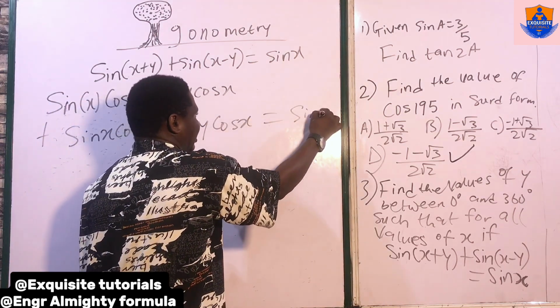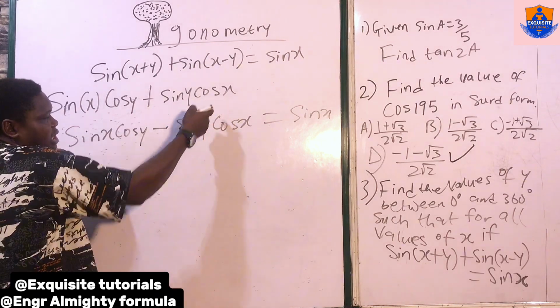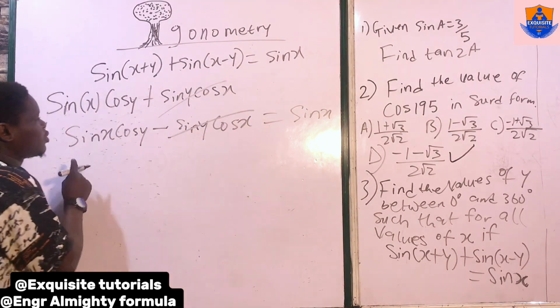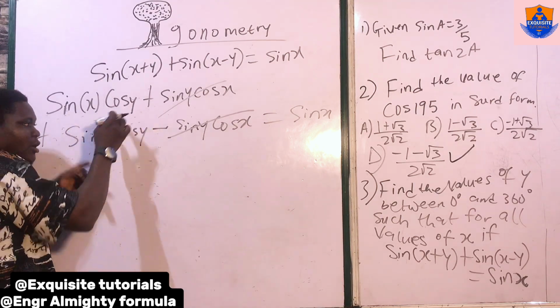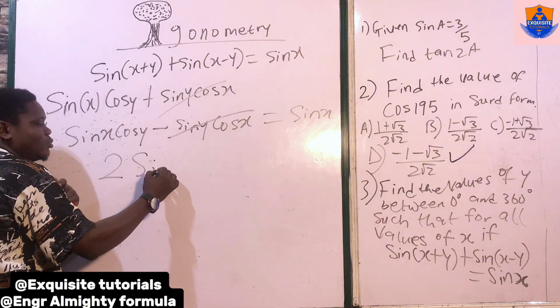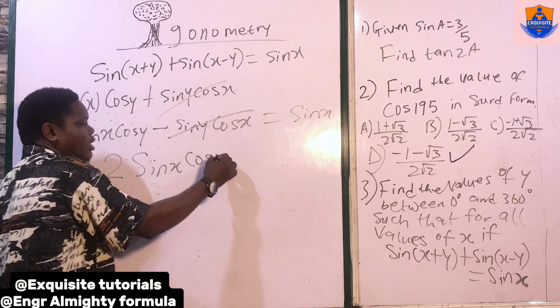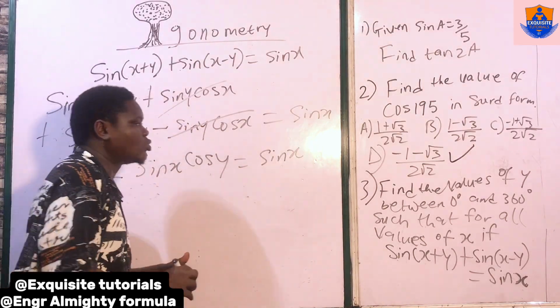Everything equals sine x. The board is not long, this is one straight equation. So these and these are the same, they can cancel out. We are left with this. If I add this guy, we have sine x cos y plus another sine x cos y. Together we have 2 sine x cos y. Everything equals sine x.